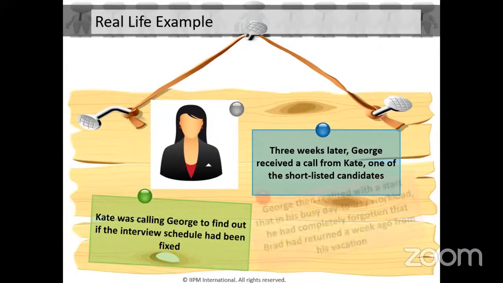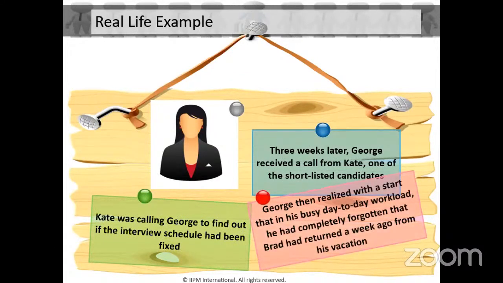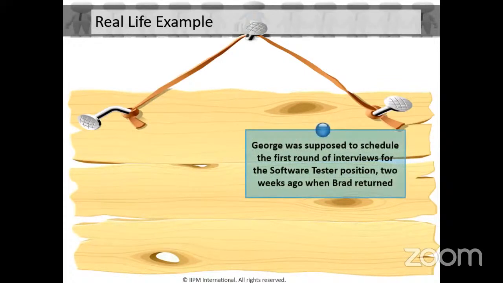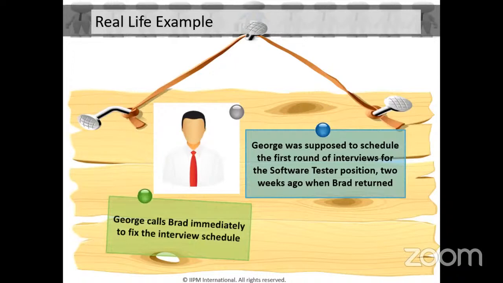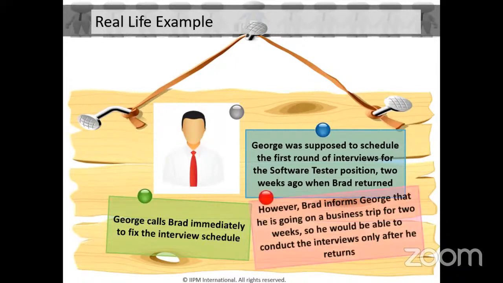Kate was calling Judge to find out if the interview fixed had been rescheduled. Judge then realized with a start that in his busy day-to-day workload, he had completely forgotten that Brad had returned a week ago from his vacation. Judge was supposed to schedule the first round of interviews for the software tester position 2 weeks ago when Brad returned.